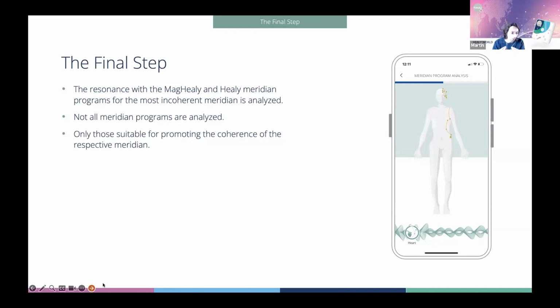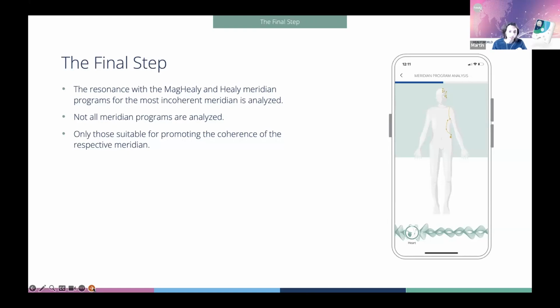There are only, I don't know, 2 to 7 meridian programs depending on the meridian, because you only need a few programs to stimulate this certain meridian from an incoherent state to a coherent state. And in those meridian programs, you analyze the resonance.